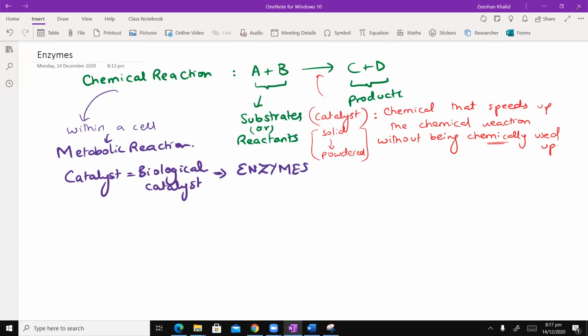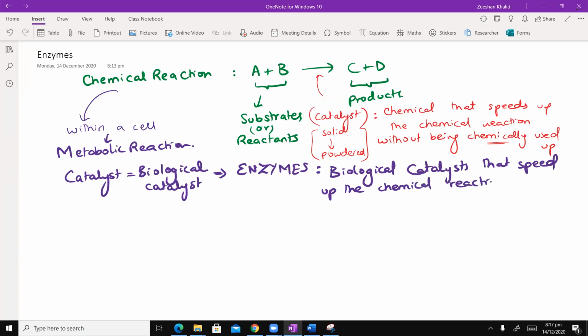So if I were to now define enzymes, they are biological catalysts that speed up the chemical reactions without themselves being used up, themselves changing chemically.